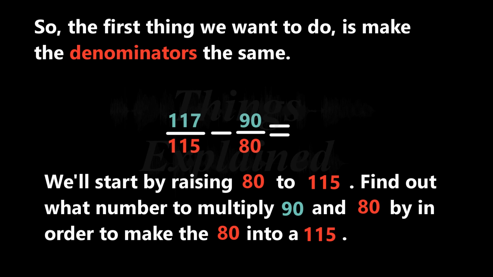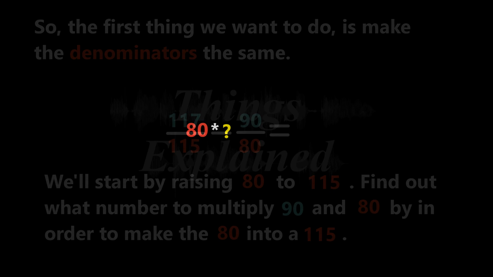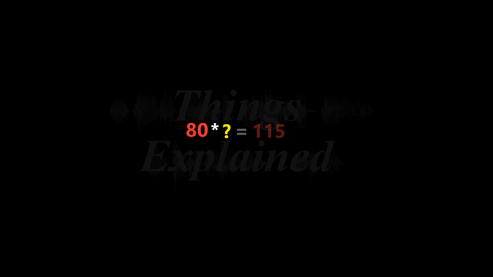So in order to do this, we have to ask ourselves, 80 times what is equal to 115? Using algebra, we have to isolate the unknown variable, the question mark. To do this, divide both sides by 80.